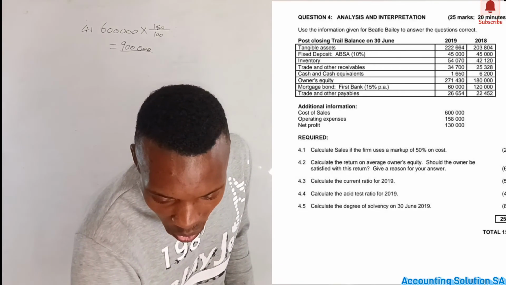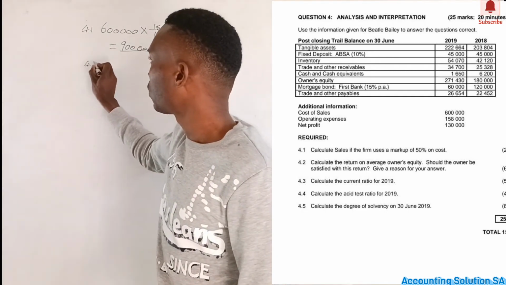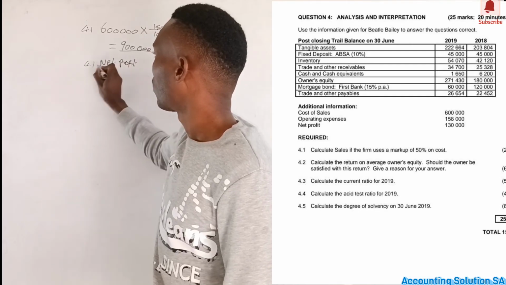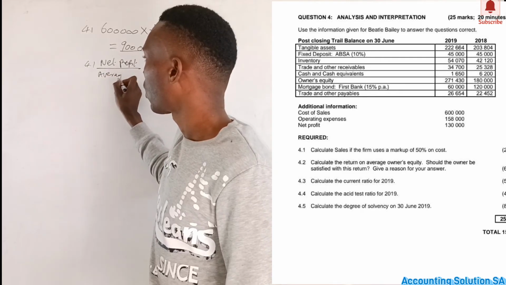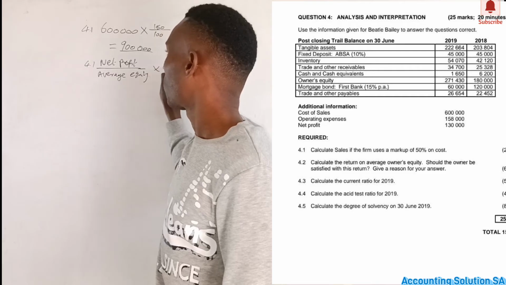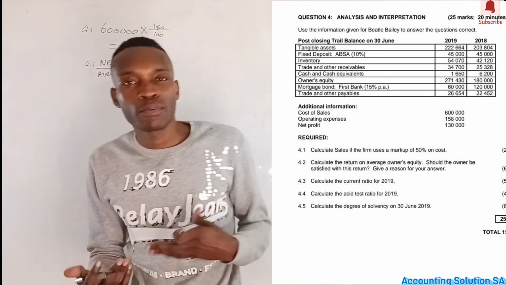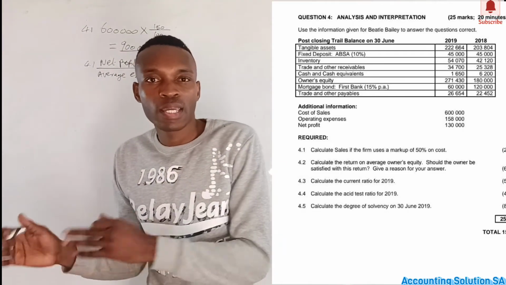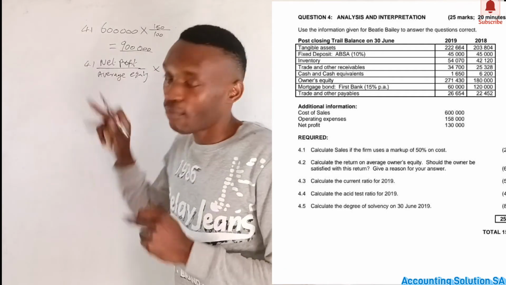So for average owner's equity, we have to use the formula which takes net profit divided by average equity, and we multiply by 100. When we say average equity, we simply mean that you must add the balance for last year and for this year. You add them together and you divide by 2. It's going to give you the average.